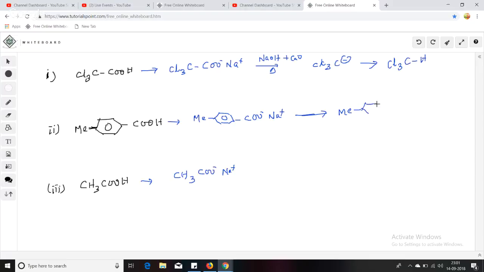The methyl benzene ring gets a minus charge on it, which again forms toluene.